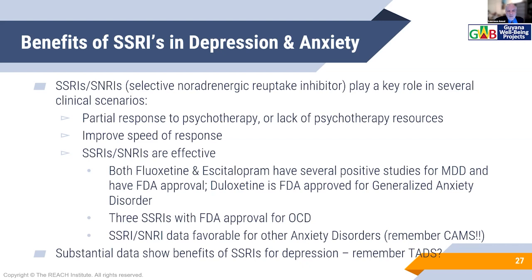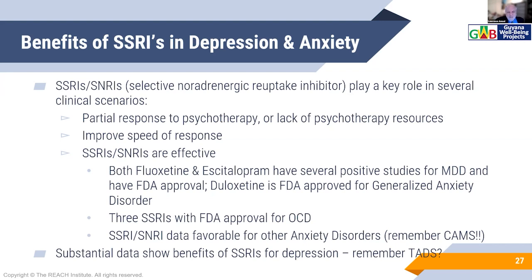So we do know that our first line of treatment for depression and anxiety is psychotherapy, not meds. Unless it's very severe anxiety or severe depression, we recommend cognitive behavioral therapy as the first line. But if that doesn't work, or that's not available, then we do recommend these SSRIs and SNRIs for depression and anxiety.